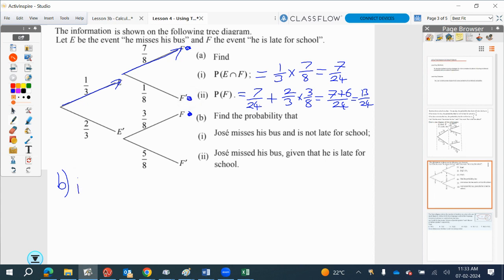So here, we want the probability that he is not late, given that he has missed the bus. So he is not late, he has missed the bus. So this is 1/3 times 1/8, which is 1 over 24.